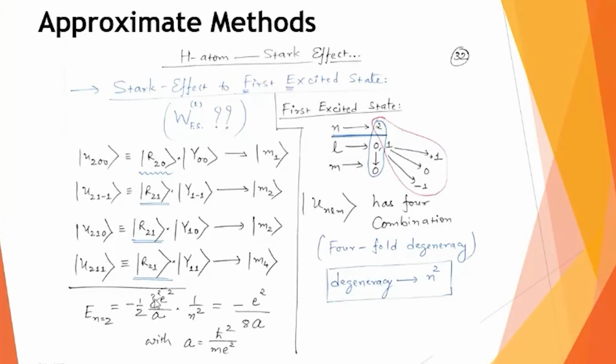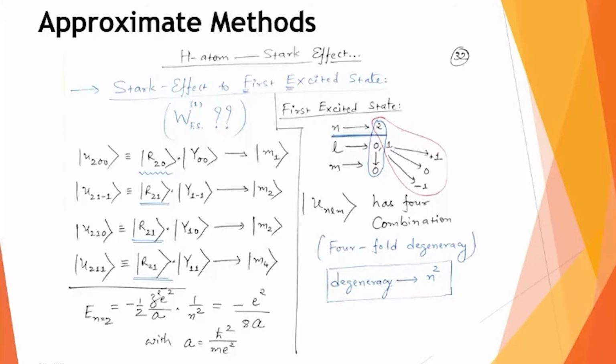So for n equals 2, my energy will be the same for all these four states. And value wise, it is minus e square by 8. All those four states give the same energy. So the degeneracy involved in the first excited state is 4. There are four states giving the same energy, so it is a four-fold degenerate state.